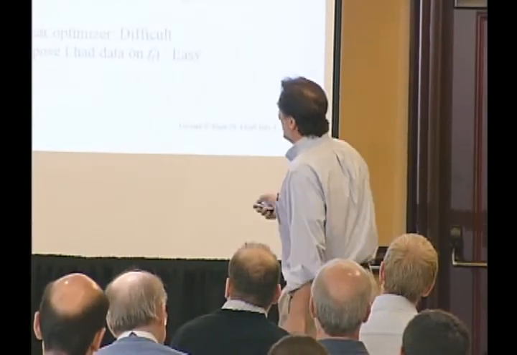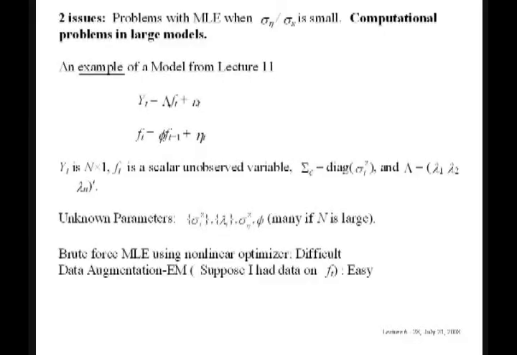Well, an easy way to do it is, here's an example of data augmentation, this EM thing, which is to ask yourself, and it's always important to put a closed parentheses here, wouldn't this be easy if I could observe data on F, right?